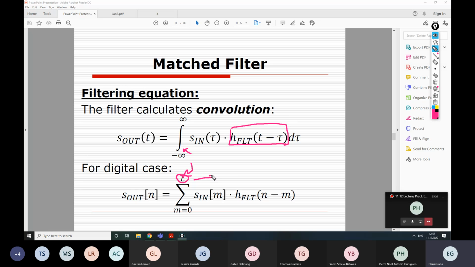And in fact, this is close to the order of the filter, especially if we are talking about finite impulse response filters, which we are going to use in our practical exercise today. Other than that, these formulas are no different. We multiply the signal with the impulse response and then we add that up together.